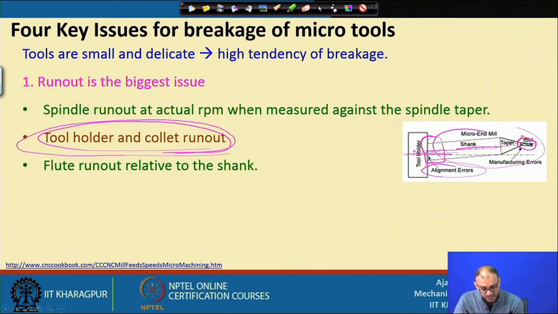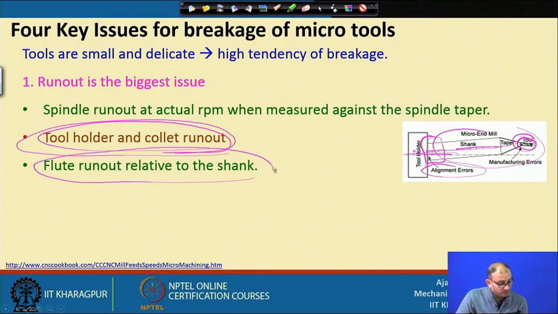When you fabricate this particular tool, we have seen a lot of different processes, but if those processes are not precise or high-resolution, then you will get a runout of the flute with respect to the shank. We are not talking about any alignment here; this is the manufacturing error.